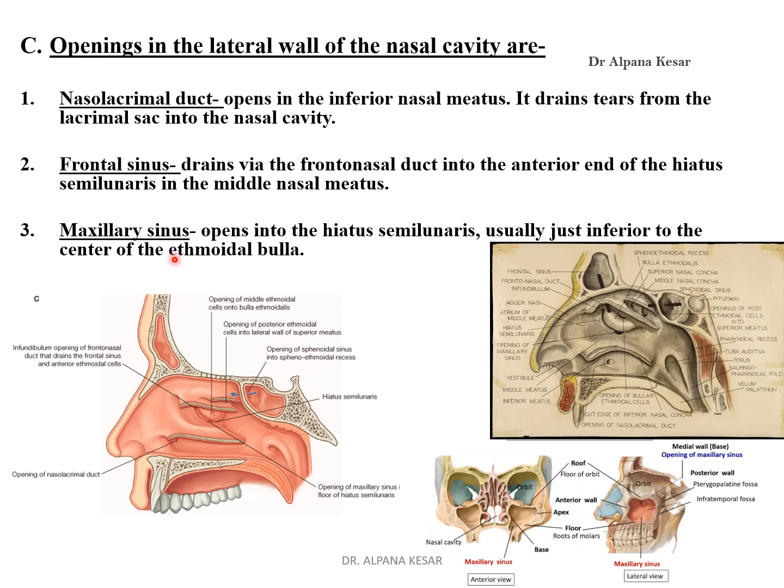Maxillary air sinus. Maxillary air sinus drains here. This is the opening of the maxillary air sinus in the middle of the hiatus semilunaris, in the middle meatus of nose, just inferior to the center of the ethmoidal bulla.